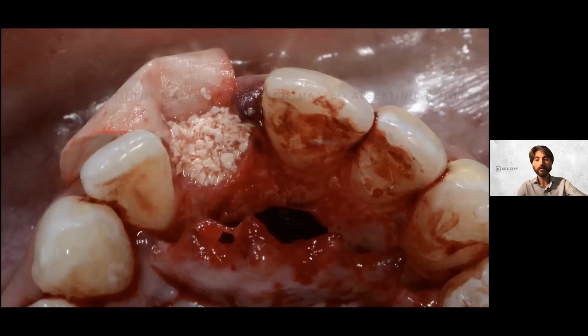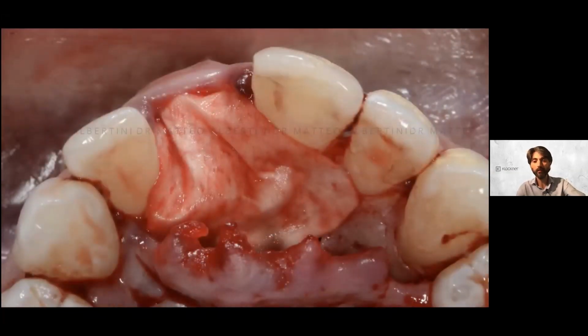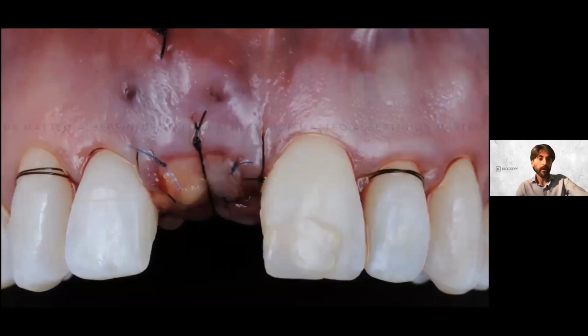We fill the space with the biomaterial. And in this case, we have to use a big membrane to cover the palatal window of the cyst. Then we graft the area with the soft tissue graft, and we stabilize the wound with the suture.